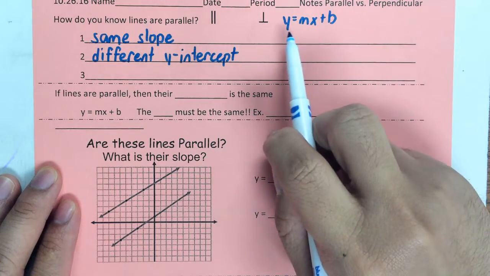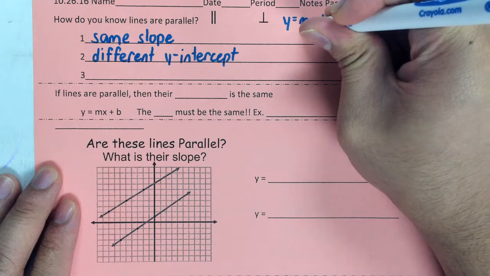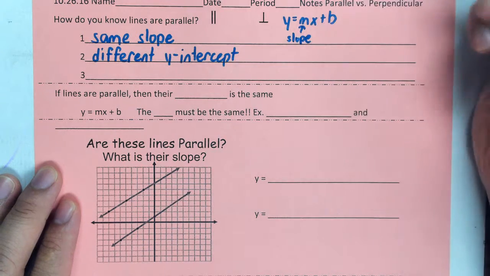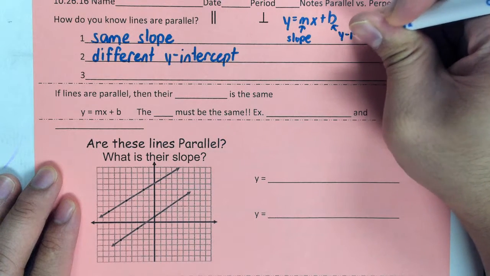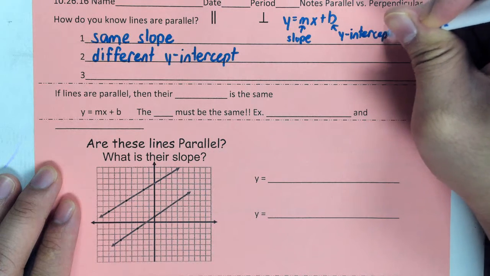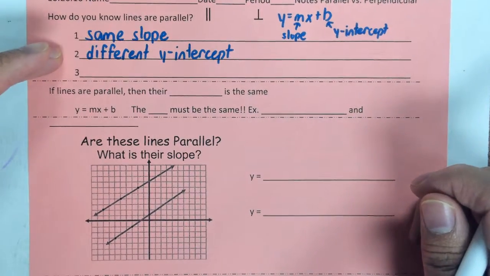In my equation of y equals mx plus b, m is my slope, and b is my y-intercept. So really there's only two criteria that we have to look for: same slope and different y-intercept.